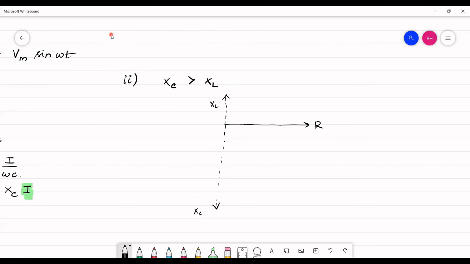So XL minus XC will be negative because XC is greater. And hence we have the net reactance along the negative direction. R plus JX is Z.